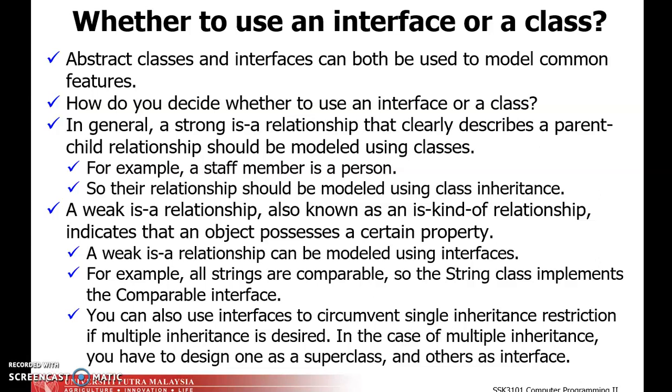And therefore, a strong is-a relationship that clearly describes a parent-child relationship should be modeled using an abstract class. And a weak is-a or has-a relationship, also known as an is-kind-of relationship, can be modeled using an interface. To explain this, we had better look into another example.